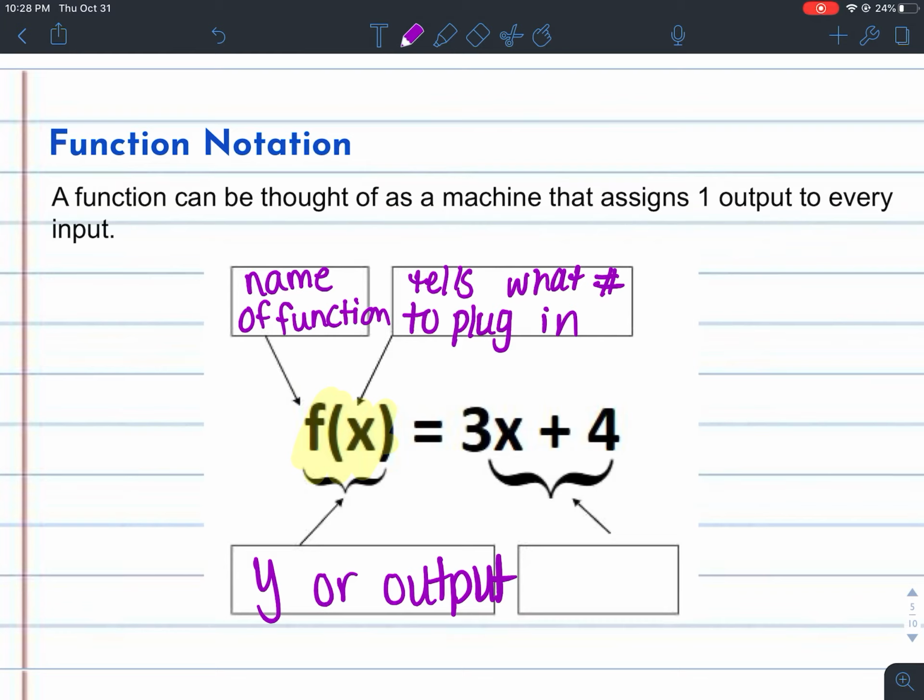Whatever our function is, f or g, there are a lot of different orders, but whatever it is, that whole thing, when it has no number in it, is indicating that it is our output, or our y. And then this is the actual function, 3x plus 4.